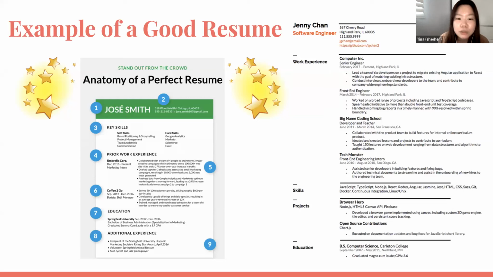It could be two to three bullet points of what you were able to achieve in that role, or what you did. And then seven is education. This person graduated, so they put their education at the very bottom. And then eight is including any additional experience that you may have.